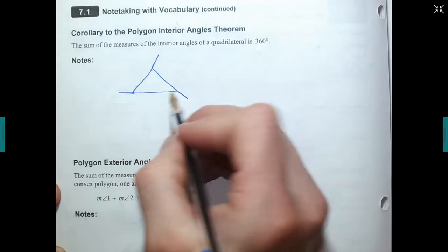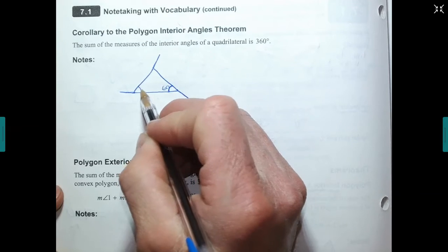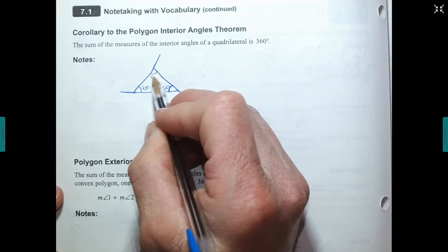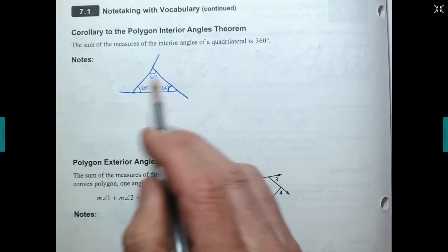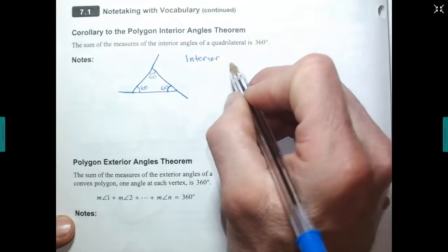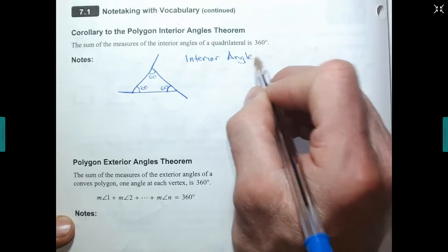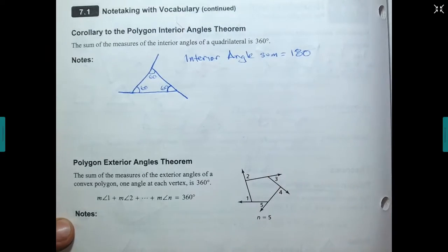Okay? So let's say it's a regular triangle. So I've got 60, 60, and 60, right? Because 60 times 3 is 180. So my interior angle sum equals 180 degrees.